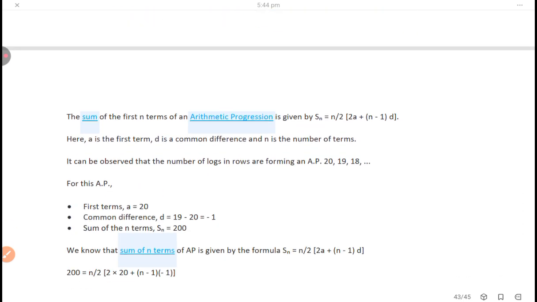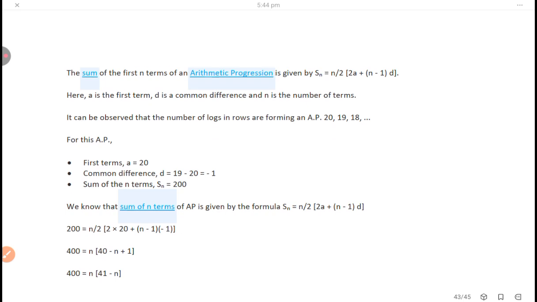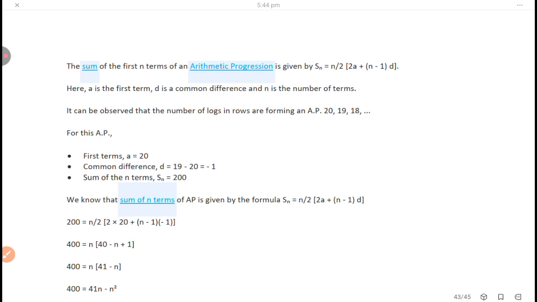So the sum of the first n terms of an arithmetic progression is given by Sn equal to n by 2 times (2a plus (n minus 1) d). You know a is the first term, d is the common difference, n is the number of terms. It can be observed that logs in rows are forming an AP.